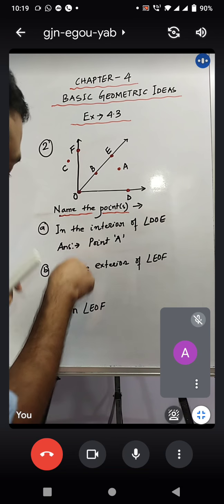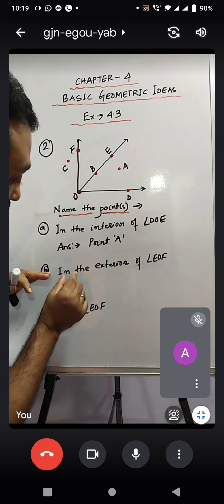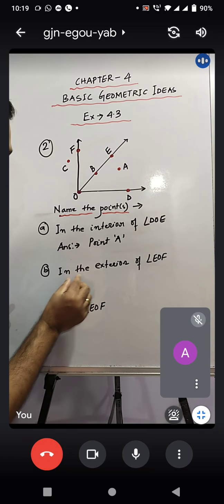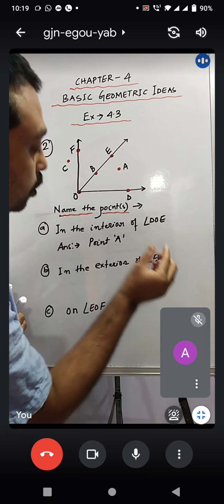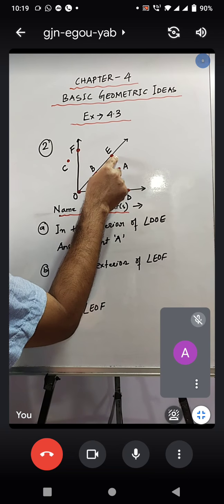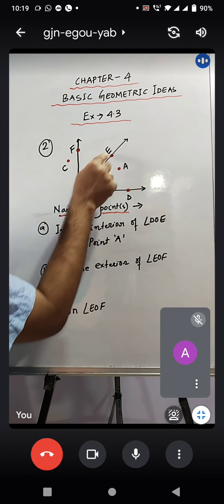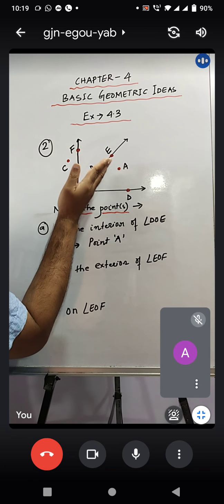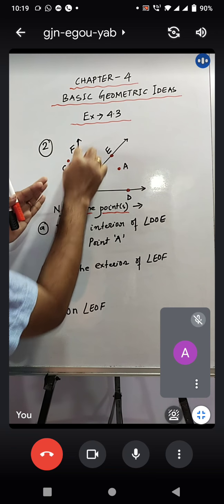Now let's move on to the second question. In the exterior means outside, bahar. That is, in the exterior of angle EOF. Where is EOF? First we have to locate that. EOF. So this is the angle. Fine. This is the angle EOF. Now which points are outside this angle?